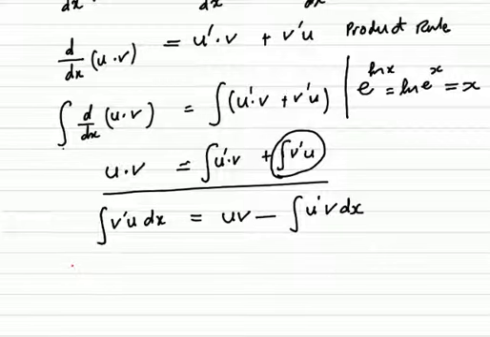Let's say we've got now the integral of x e to the power 2x dx. According to this formula, I have to declare one of my functions under the integral sign as a function which has already been differentiated, and another function as a u which has not been differentiated.